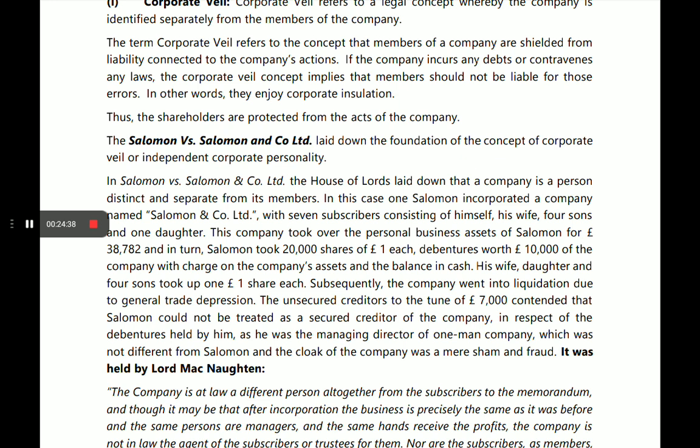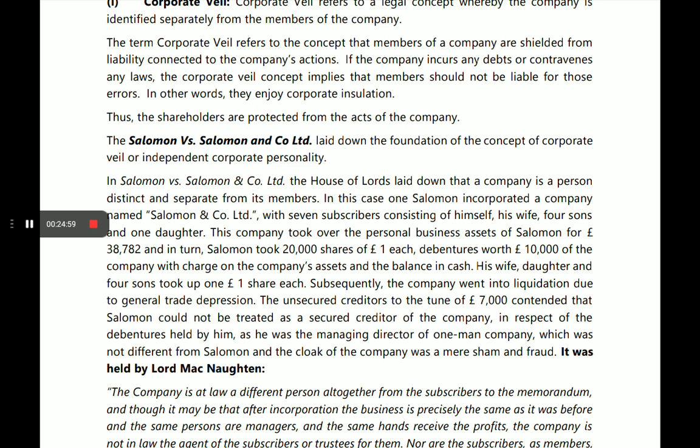In this case, one Salomon incorporated a company named Salomon and Co. Limited with 7 subscribers consisting of himself, his wife, 4 sons and 1 daughter.